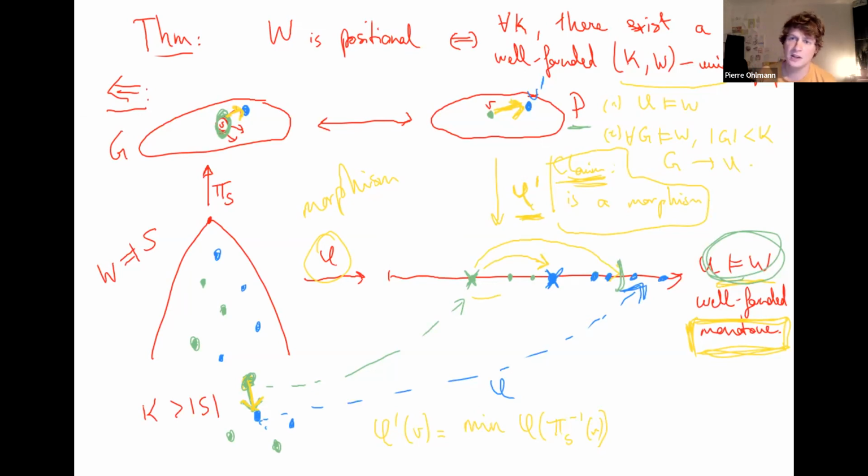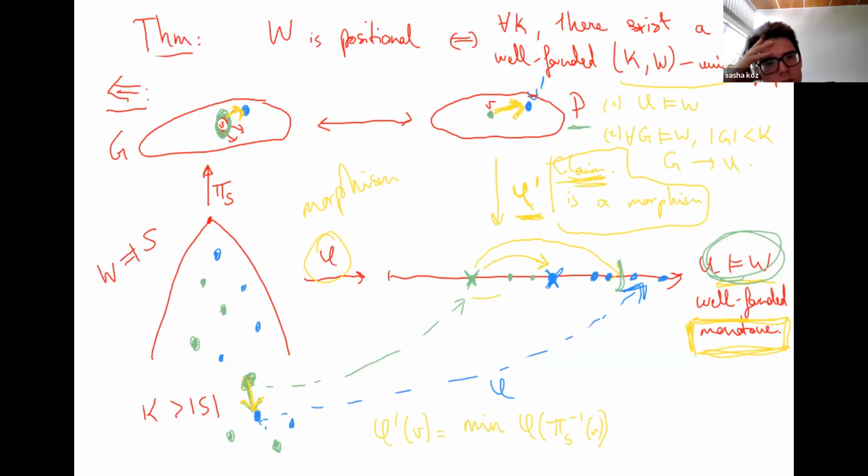But yeah, the value iteration algorithm is just do what you would expect. You're trying to find an embedding. Let's say now we do it for a game. So you're looking for a map from the game to the graph, such that for Adam vertices, all the outgoing edges are preserved, and for Eve vertices, at least one outgoing edge is preserved.